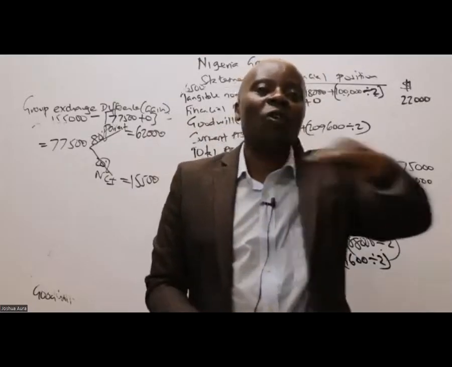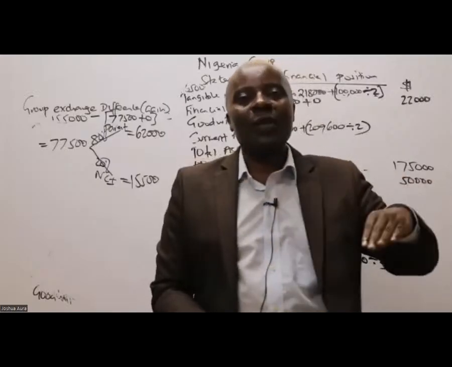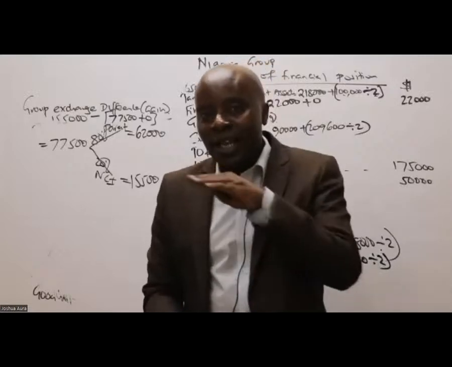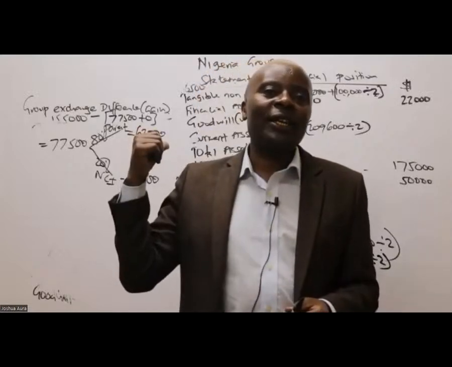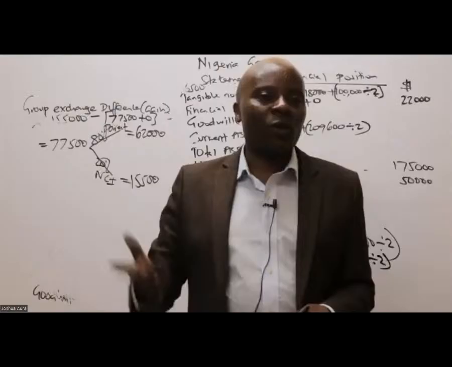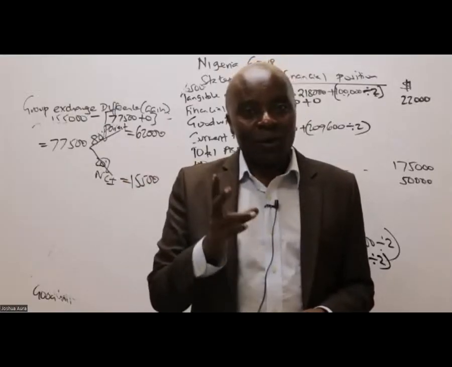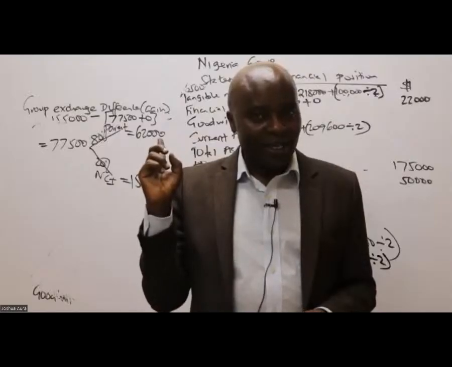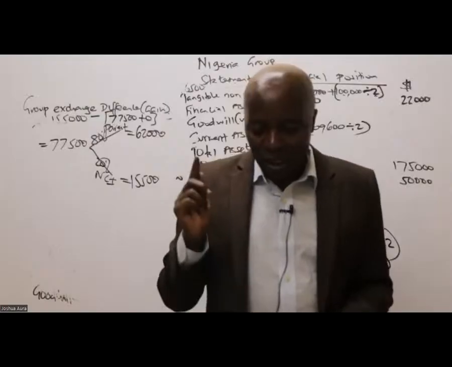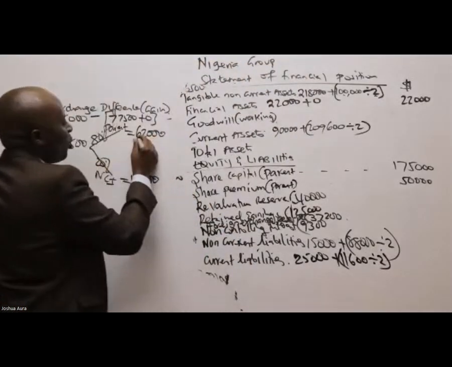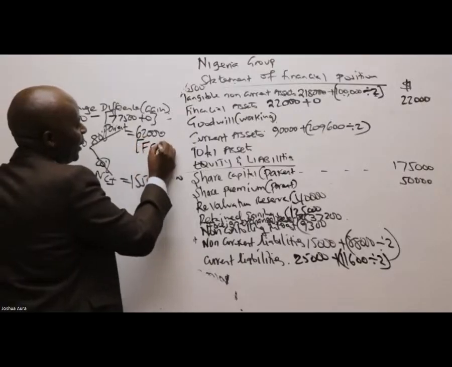Under OCI, we normally have revaluations and foreign exchange gains or losses. This is not a gain that you're going to give to the owners. So it has to go to the foreign currency reserve, normally called FCR.